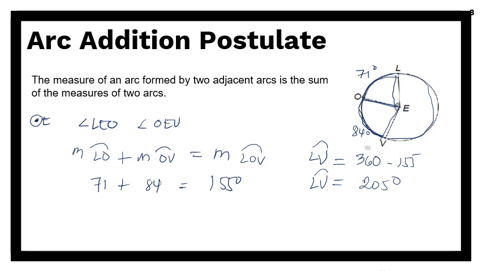Applying the central angle, the measure of the central angle is also 205 degrees. The LEO inside is 71 also, and the one inside is 84 also, because the measure of the central angle is the measure of the intercepted arc, and the measure of the intercepted arc is also the measure of the central angle.